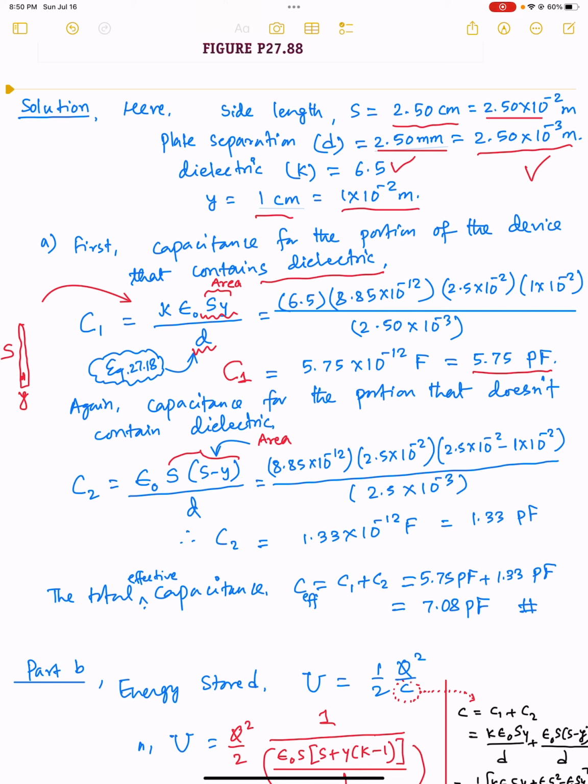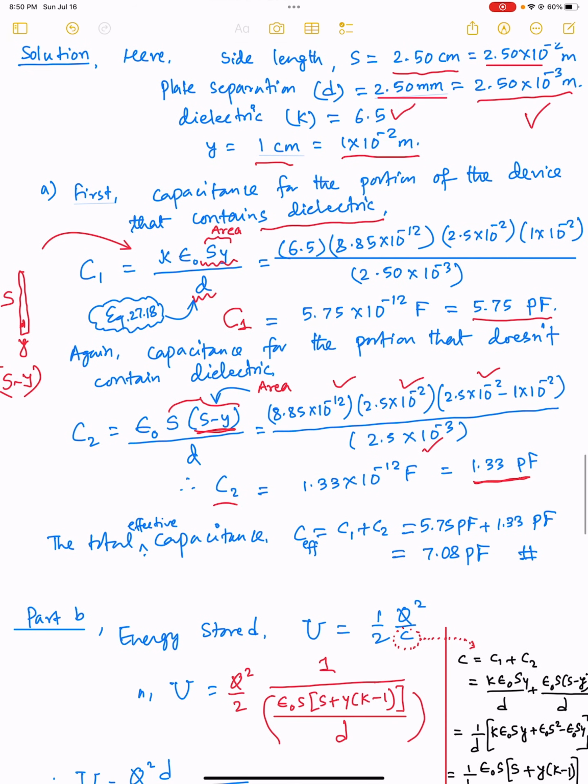So this is the distance, and for the rest of the distance, this will be S minus y. Okay, so again this is the area, and you can just plug in all the values which we are already familiar with. So this will be C2, let's say, and we can find C2 as 1.33 picofarad.